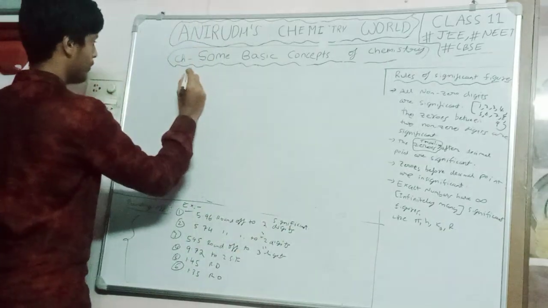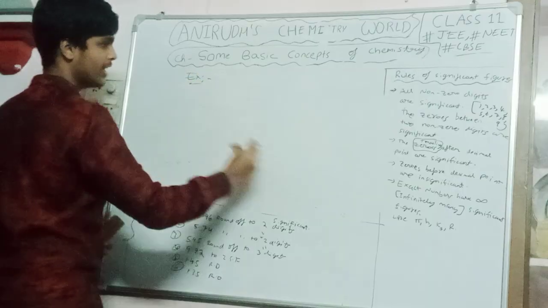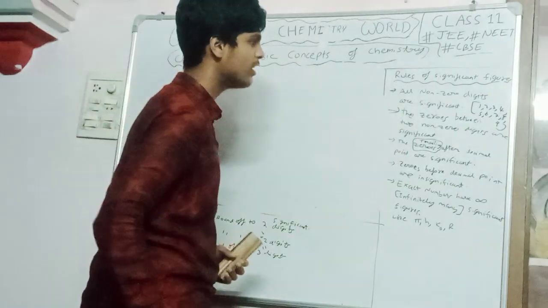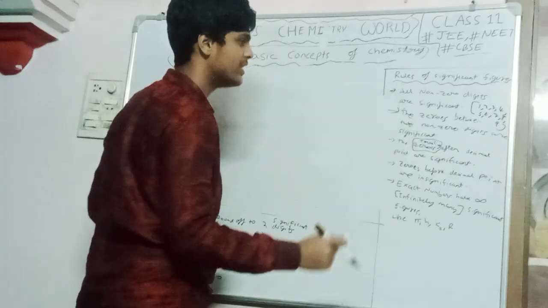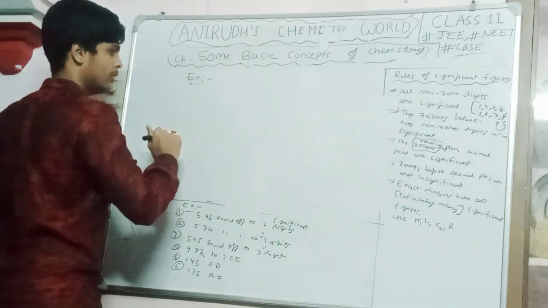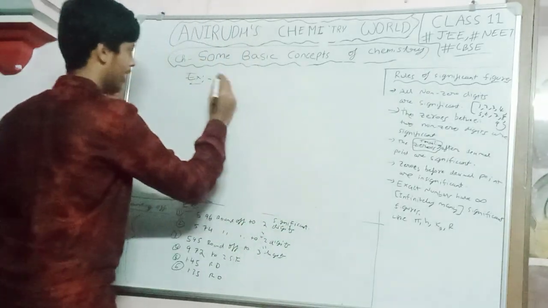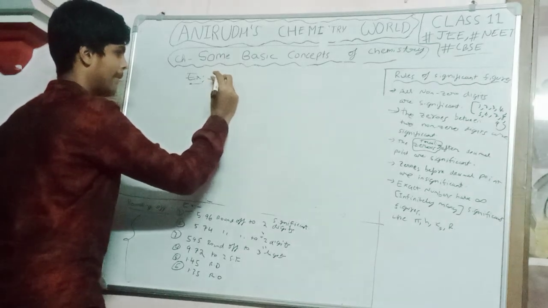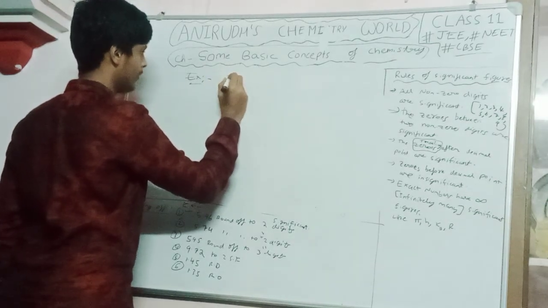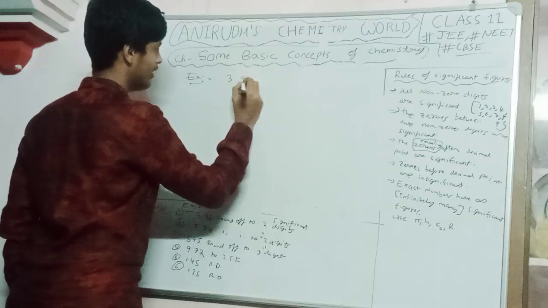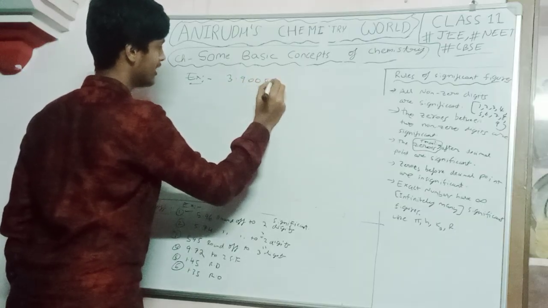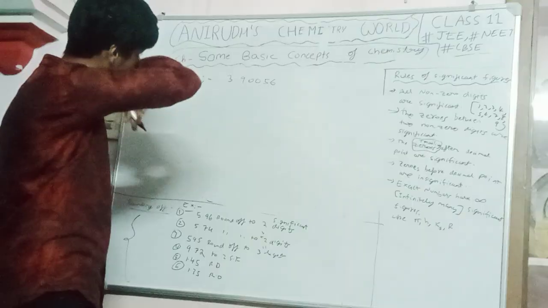Now I will give you a proper example for you. The zeros between the two non-zero digits are significant. Let us take an example: 3.90056. This is just an example, just see it.